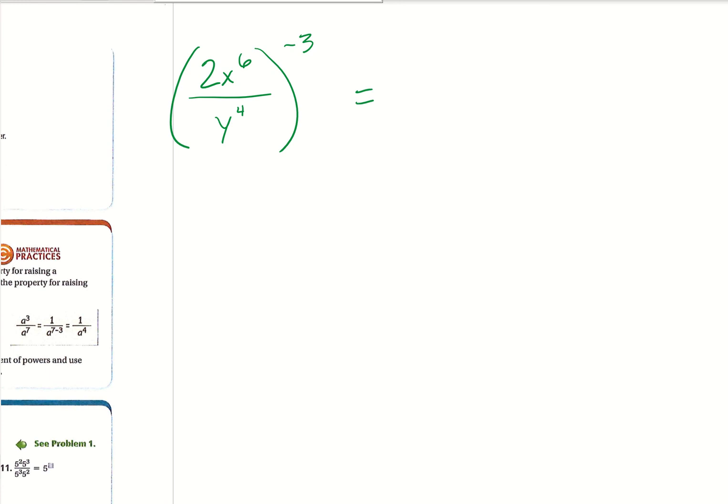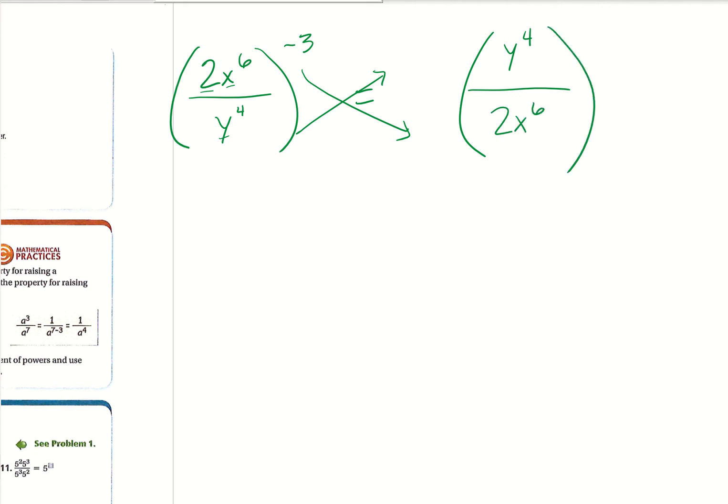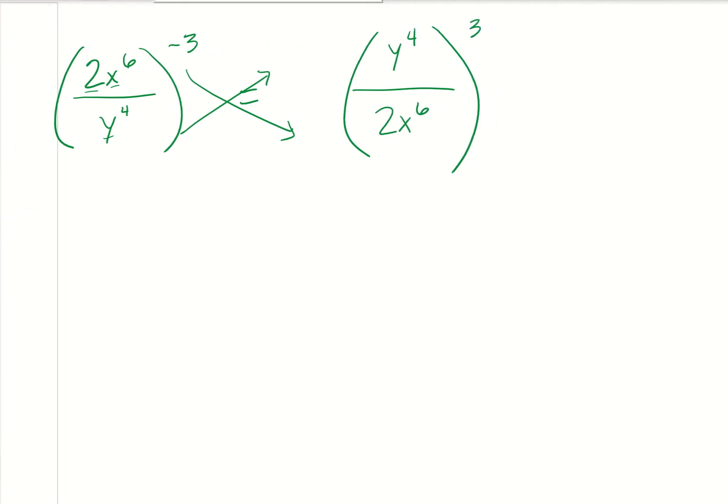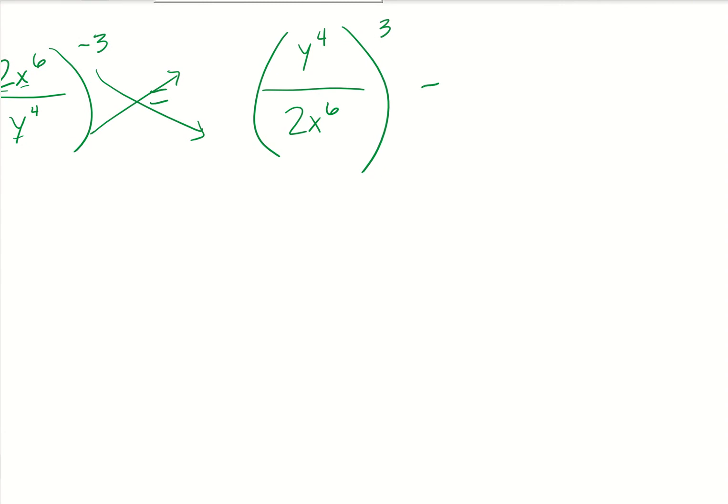Whenever we have a negative exponent on something like this, all we have to do is flip the whole thing, because that negative exponent is going on the 2, the x, and the y, which means they would all have to be flipped. So I'm just going to rewrite it as y to the 4th over 2x to the 6th, all to the 3rd power. From here I solve similar to what we did on the last problem.